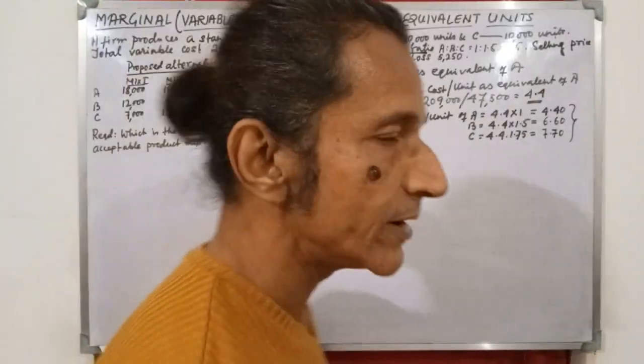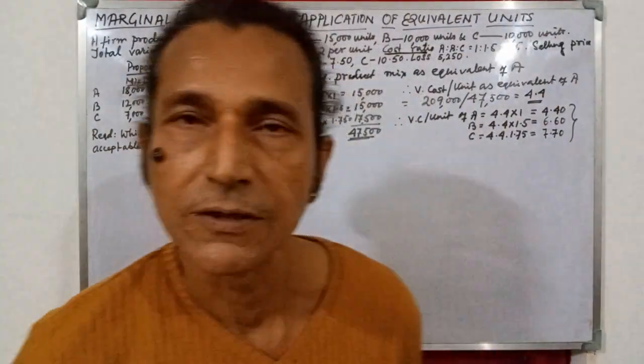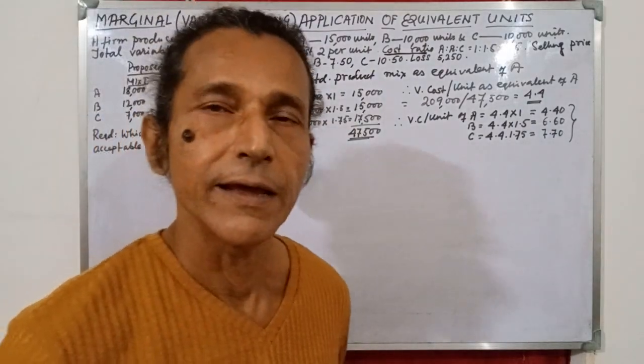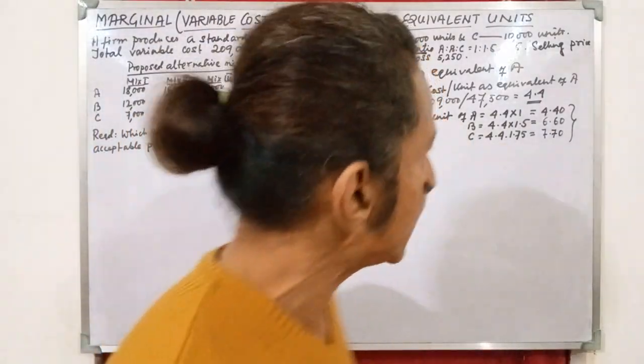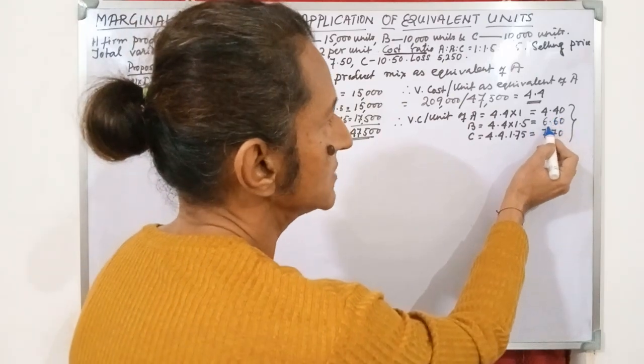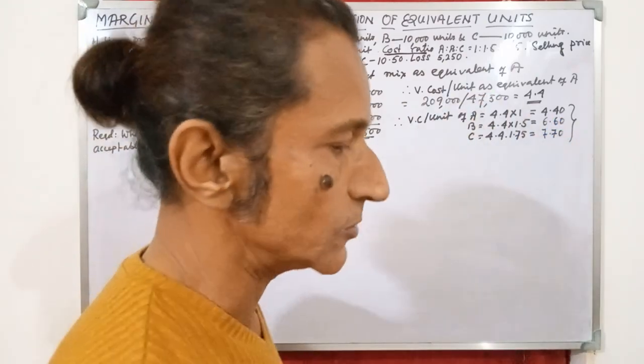So we have calculated the variable cost per unit of producing A, B and C as 4.40, 6.60 and 7.70.